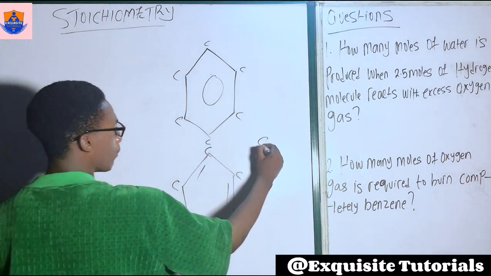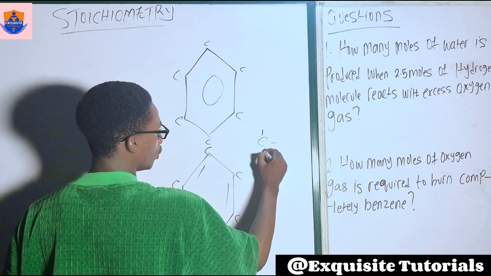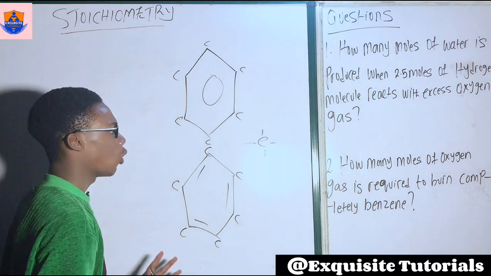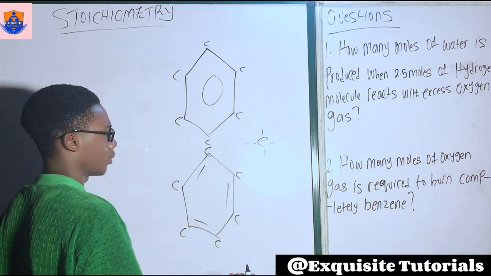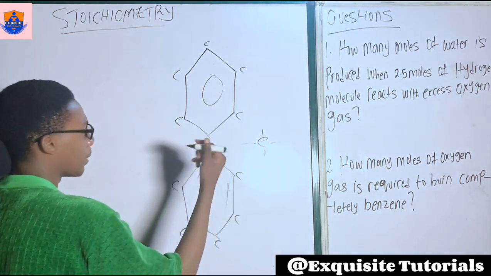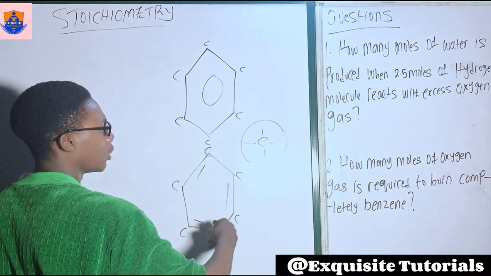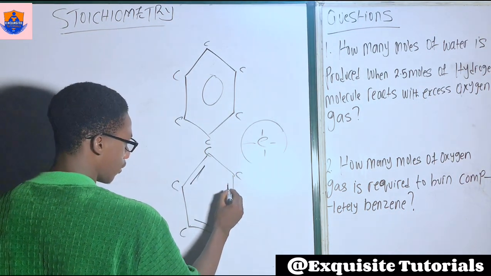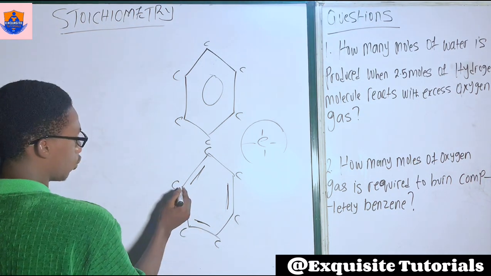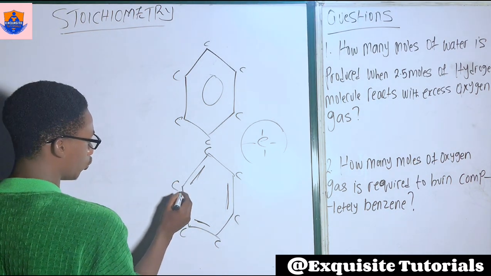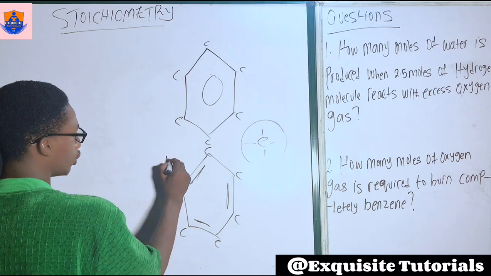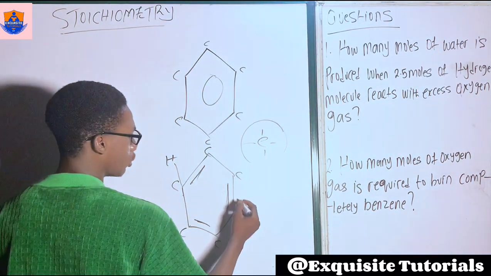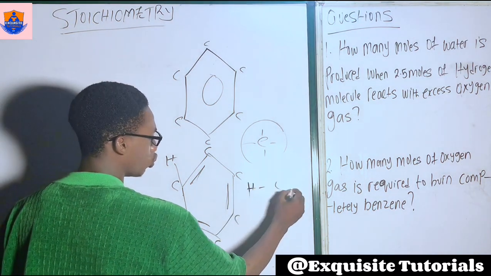Now a single carbon can bond to 4 different or 4 similar compounds. So the maximum number of bonds in a carbon atom is 4. So now we already have 3 bonds to each carbon. For this carbon, we have 1, 2, 3. So we are left with 1 hydrogen, because this is a hydrocarbon. Hydrocarbons are compounds that have just hydrogen to carbon bonds.